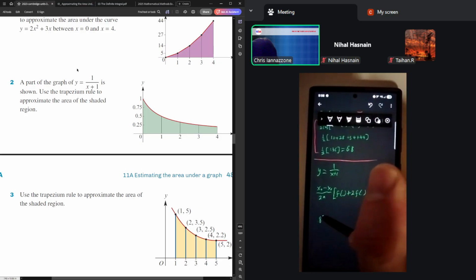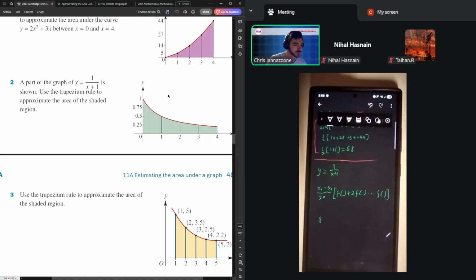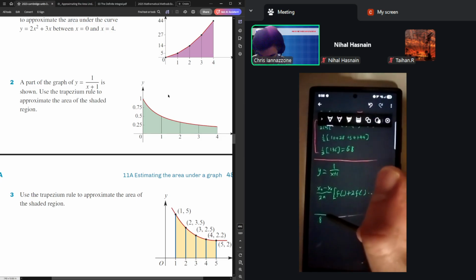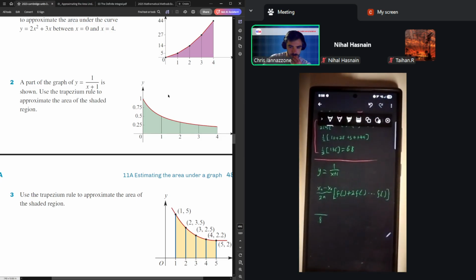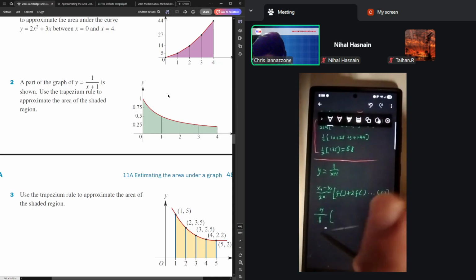So 2 by 4 is going to give us 8. Xn and x0. What's x0 in question 2? Yeah, it's going to be 4 take 0. So x0 was the 0 and xn was the 4. 4 take 0 is obviously going to simplify.